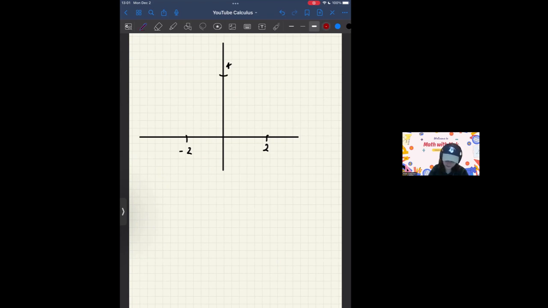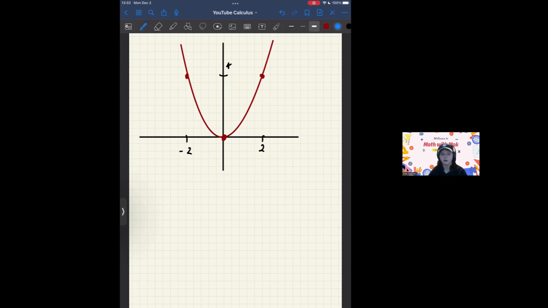So we're going to have an intercept here. My 2 isn't quite right. Let's put it there. So we have a point here, a point here, and a point over here. Then we have our parabola, right? Cool.